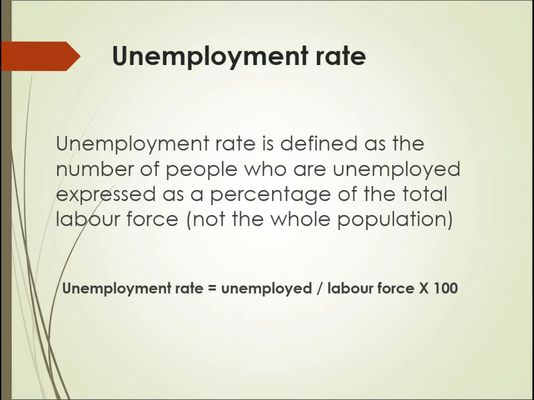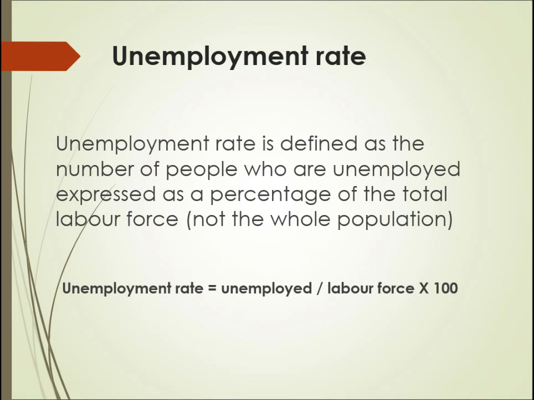The next important term associated with unemployment is the unemployment rate. What is the unemployment rate? It is the percentage of unemployed people as a proportion of the total workforce of the nation. The unemployment rate is calculated using the formula: number of people unemployed, divided by labor force.